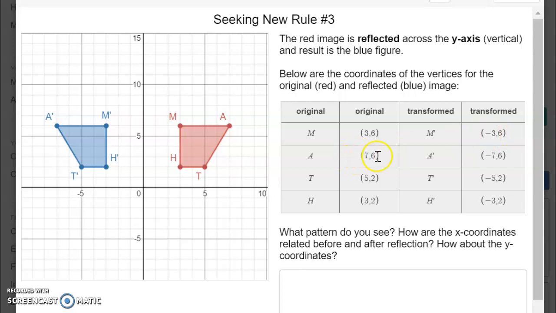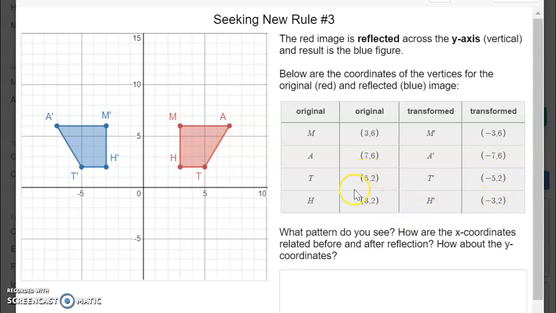And A is (7, 6), and A prime is (-7, 6), and so on. What do you notice about how the coordinates have changed? Well, the y value, 6 and 6, seems to stay the same. The x value just changed. 3 became -3. 7 became -7. 5 became -5. 3 became -3.